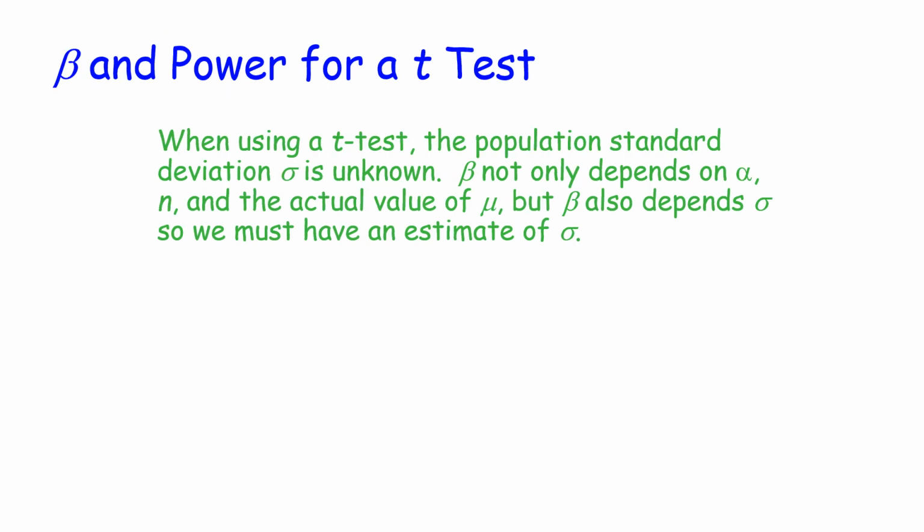What about beta and the power for a t-test? Now, when using a t-test, the population standard deviation sigma is unknown. Beta not only depends on alpha and n and the actual value of mu, but beta also depends on sigma. So we must have an estimate of our standard deviation.